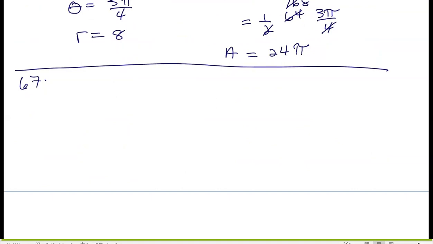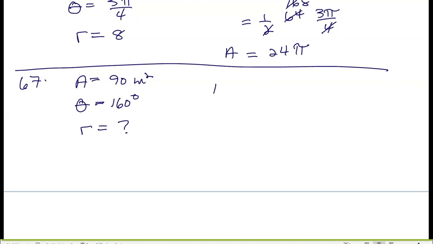67 says the area of a sector of a circle. So the area is 90 meters square. The central angle, the angle equals 160. That's a problem. The radius is unknown.